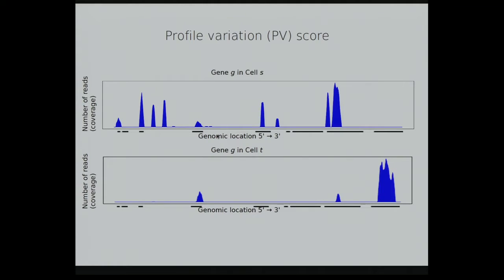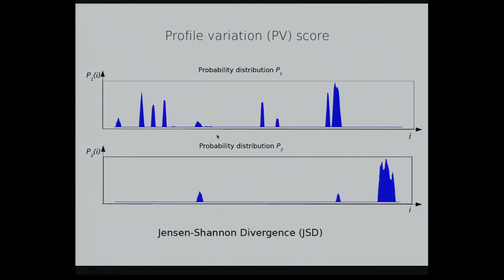To quantify the difference between these two, or in practice we actually have a lot of these because we have a lot of single cells, I normalize the read density profiles into probability distributions. So now I have probability distribution P1 and distribution P2. And we calculate the Jensen-Shannon divergence between these probabilities, which is typically used to quantify differences among probability distributions.